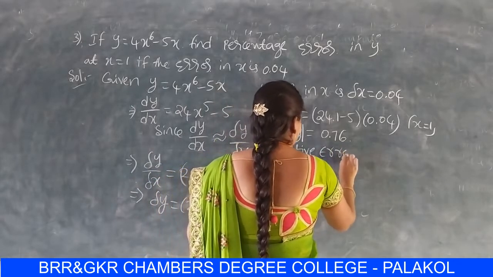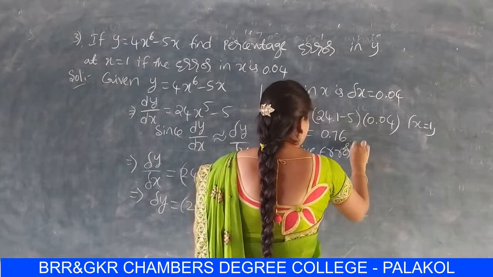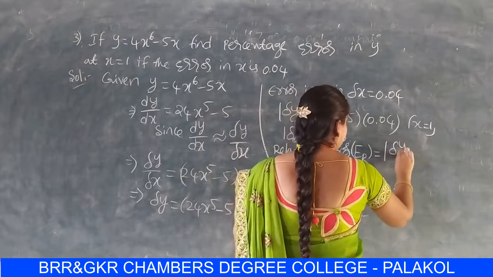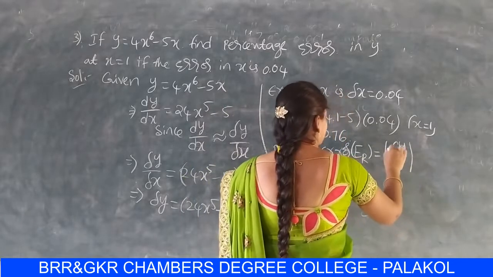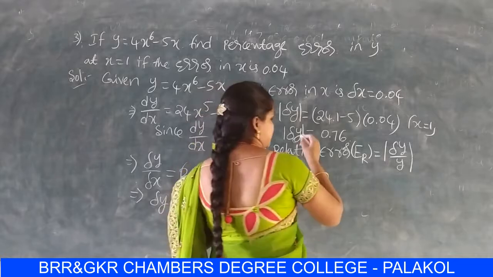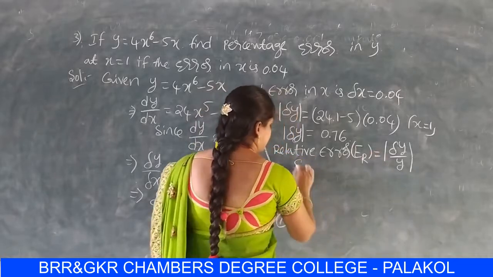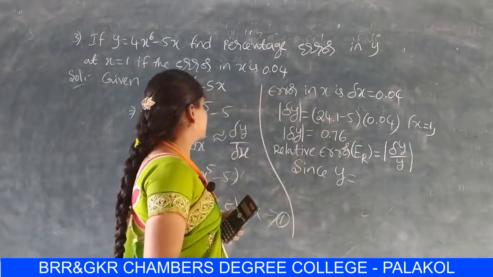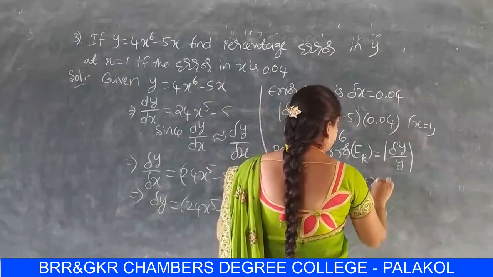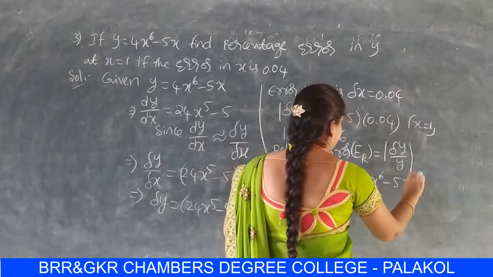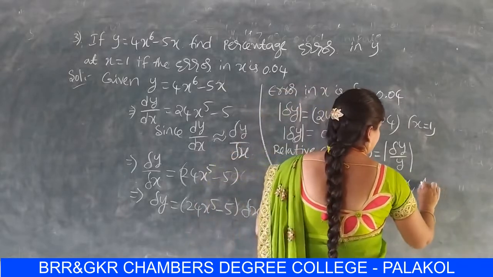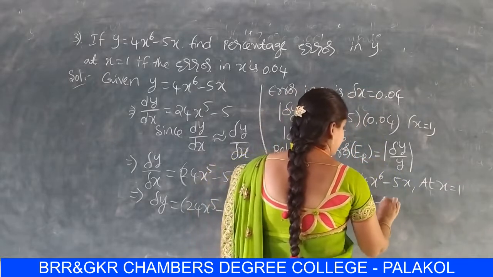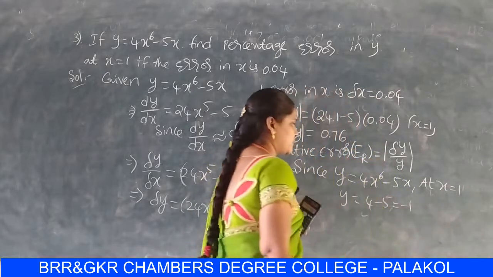Relative error ER is equal to modulus of delta y by y. So modulus of delta y is already known. Next, y is equal to 4x to the power of 6 minus 5x at x equal to 1. This value is y is equal to 4 minus 5, which is nothing but minus 1.